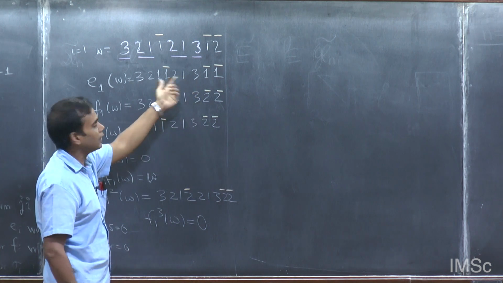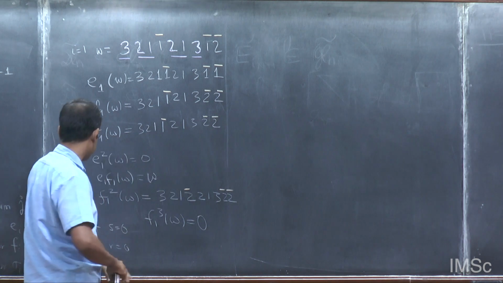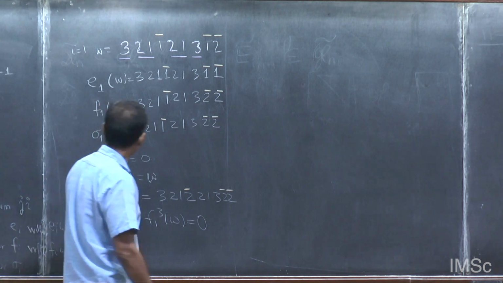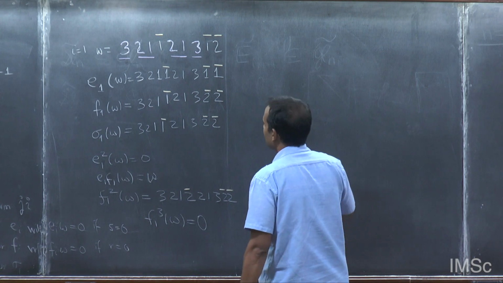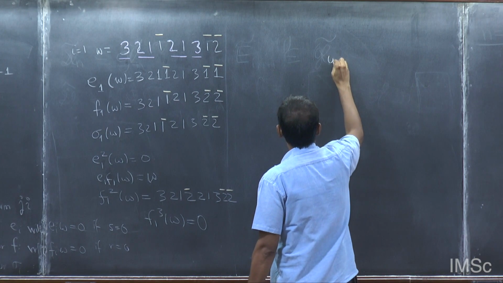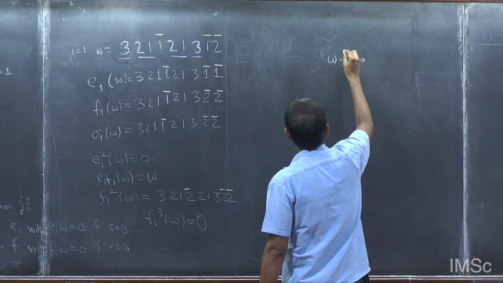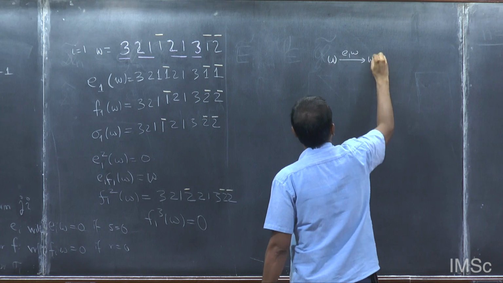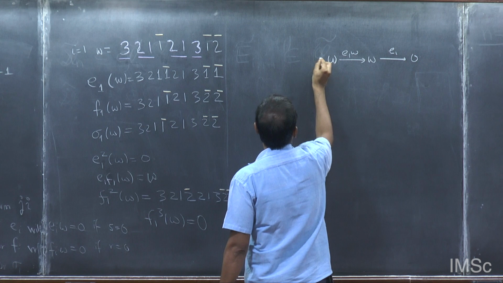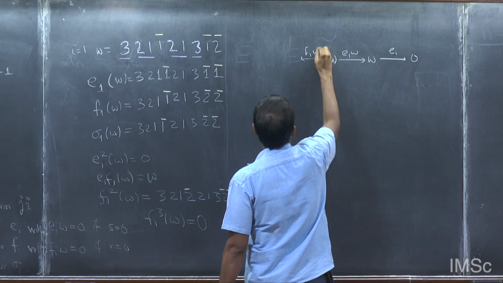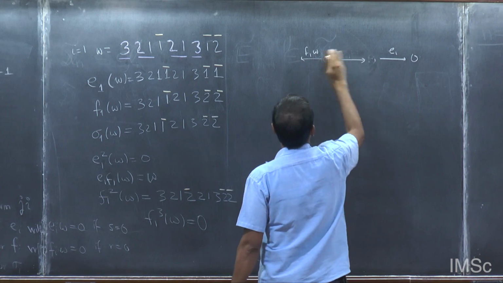Okay, and if I apply F_1 E_1 w, again it will give me back w, because I have this 3 1s and then I put back 2. So, we have this i string through w. So, we have w, we have E_1 w, and then we have 0, and then we have F_1 w, sorry, what am I doing?